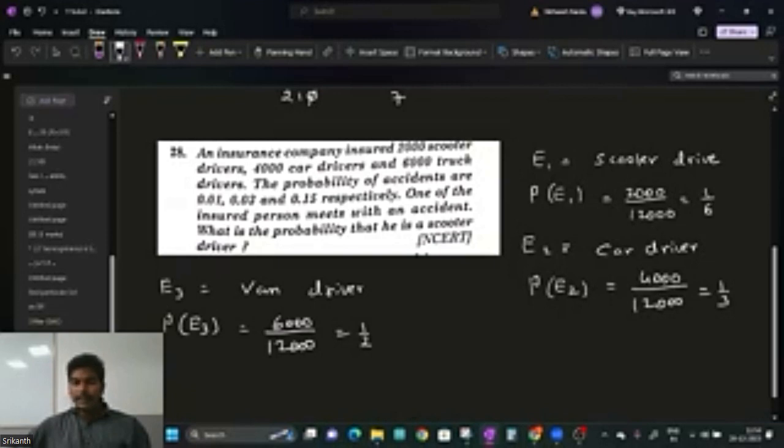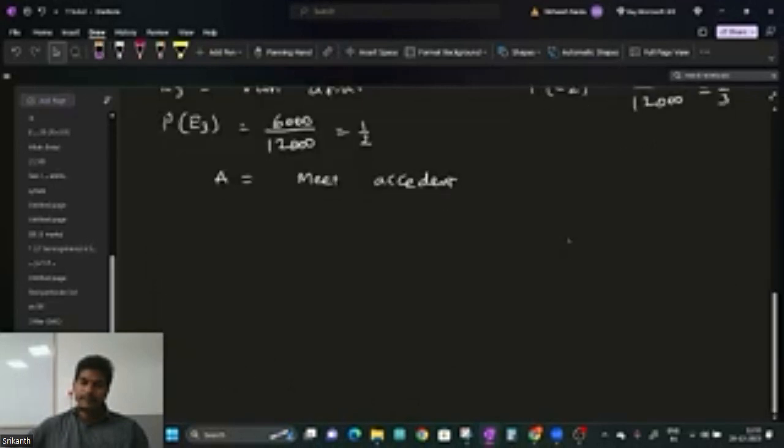So A is getting accident. A be the event, meets accident by scooter. He's a scooter and meets accident. What is scooter accident chance? 0.01, he mentioned in the question.